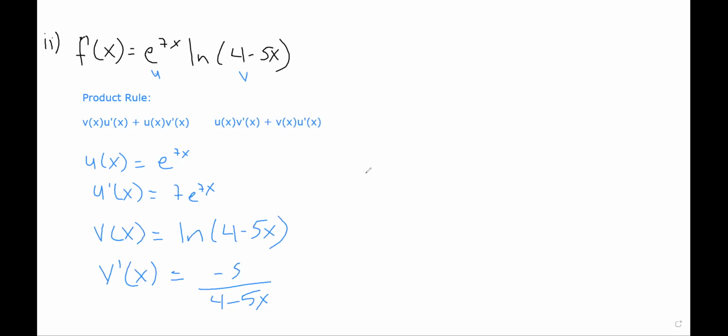Cool. So we have our v of x, which we said is equal to ln(4 minus 5x), right? So let's put it right here: ln(4 minus 5x).